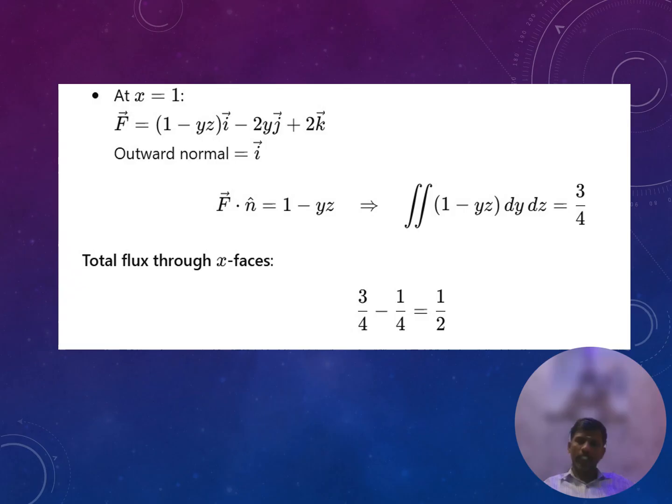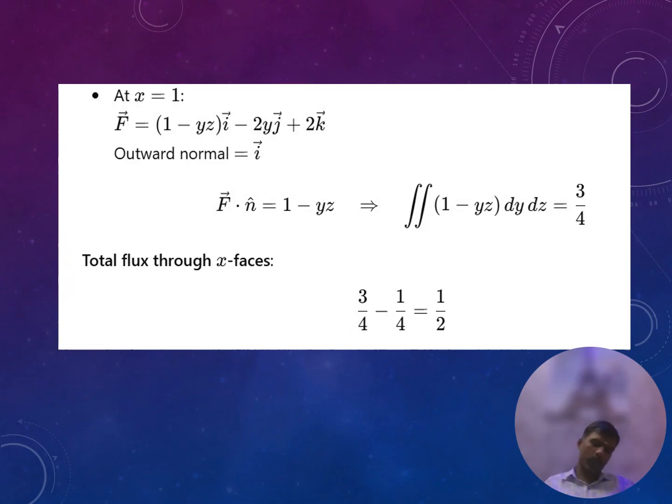Substituting the upper and lower limits, and again integrating with respect to z, finally we receive 3 by 4. Total flux through the x faces is 3 by 4 minus 1 by 4, which is equal to 1 by 2.